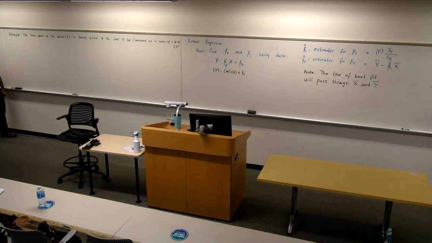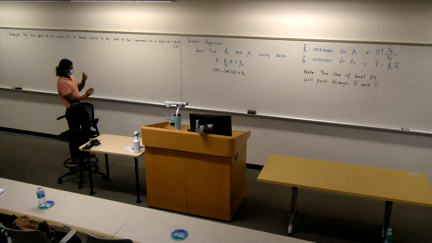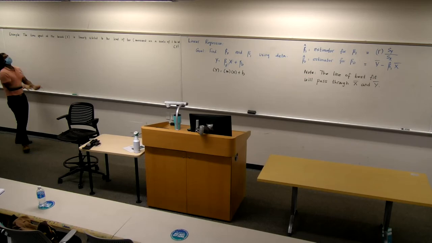Okay, here is the question. Would the level of tan depend on the time spent on the beach, or would the time spent on the beach depend on the level of tan? Idealistically speaking, level of tan depends on time at the beach. Very good. So the amount of tan a person gains is going to depend on the time you spend at the beach.